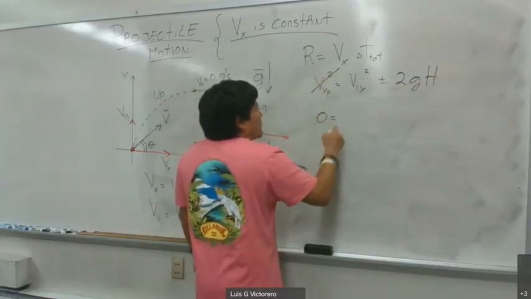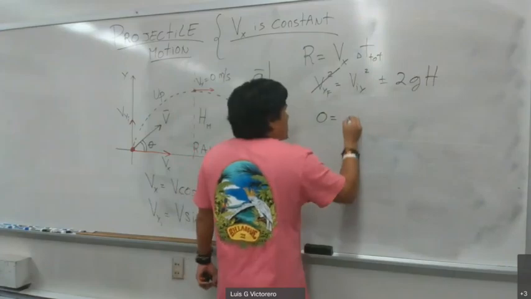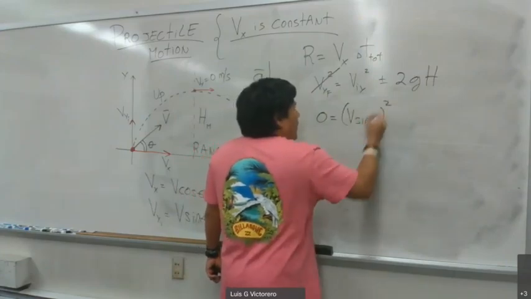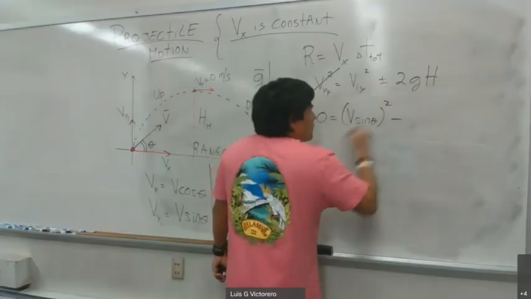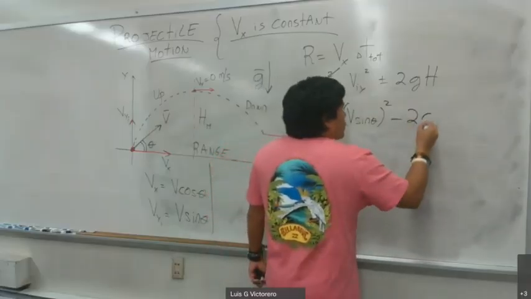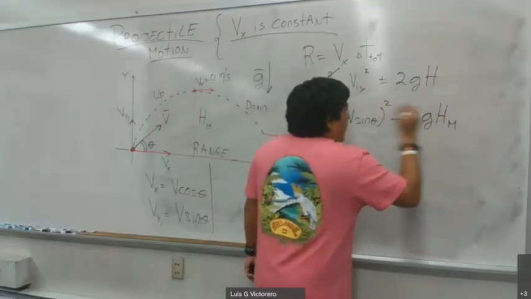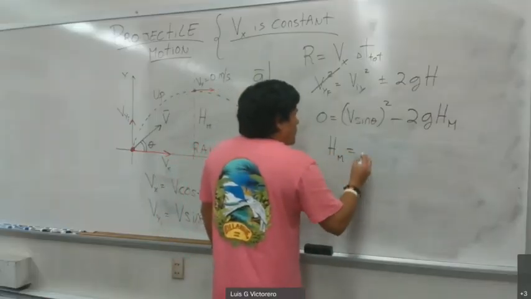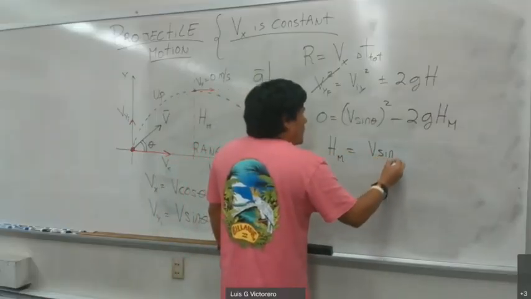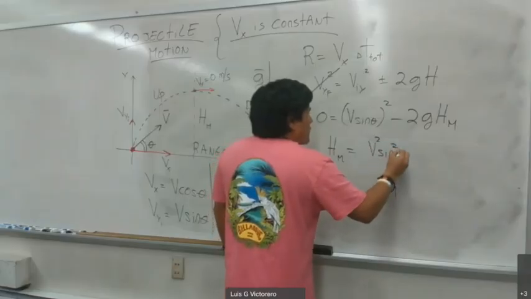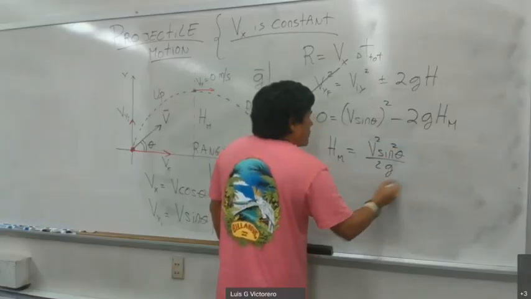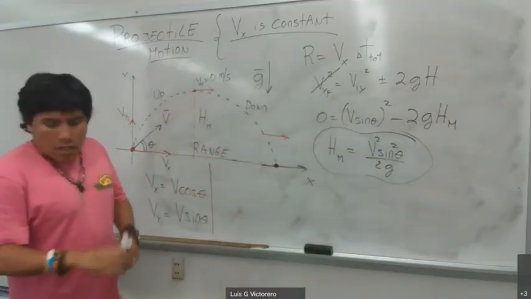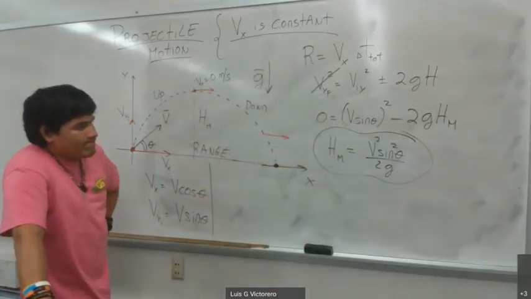So 0 equals Vy initial, which is V sine theta, squared, minus 2g h max. So if I use algebra, h max is equal to V squared sine squared theta over 2g. That's the maximum height it reaches.